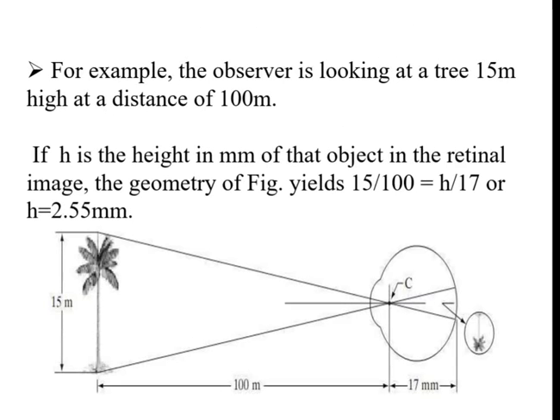For example, the observer is looking at a tree 15 meters in height at a distance of 100 meters. If h is the height in mm of that object in the retinal image, the geometry shown in the figure yields 15 divided by 100 is equal to h upon 17, or h is equal to 2.55 mm.